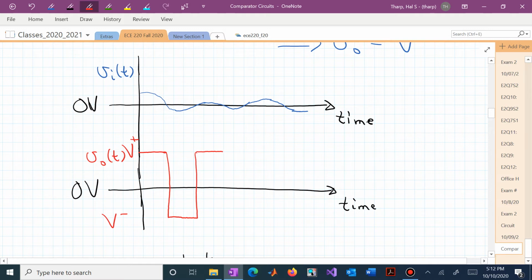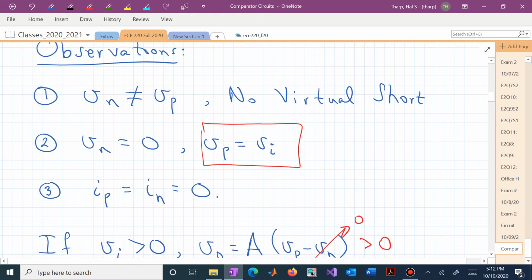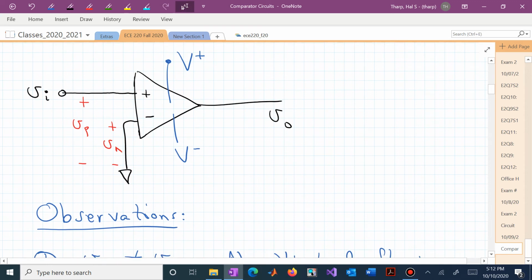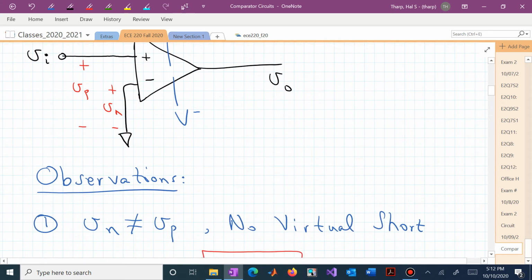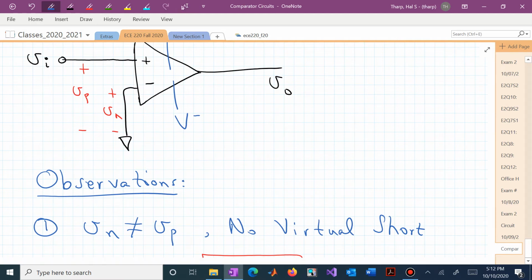So you can see now that we've designed a comparator circuit. We compare the input voltage to 0, which is the voltage at the inverting pin of our op amp. We look at that difference, V sub P minus V sub N. If that's bigger than 0, then we saturate at V plus.